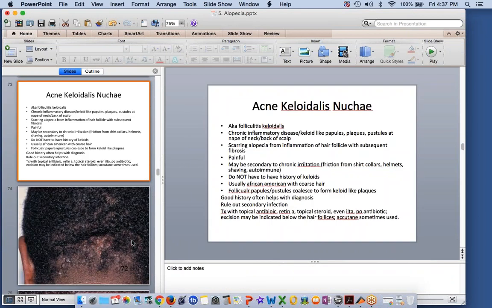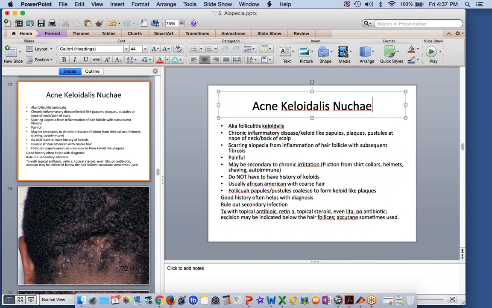So this is dissecting cellulitis. Now this is very, very common: acne keloidalis. What you see is keloids. They're little tiny keloids.